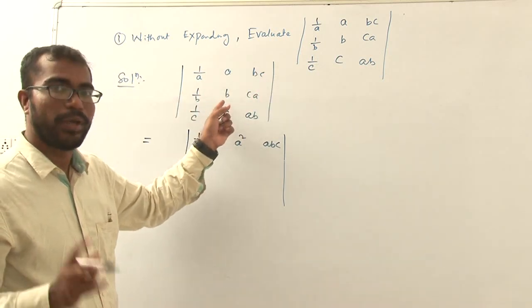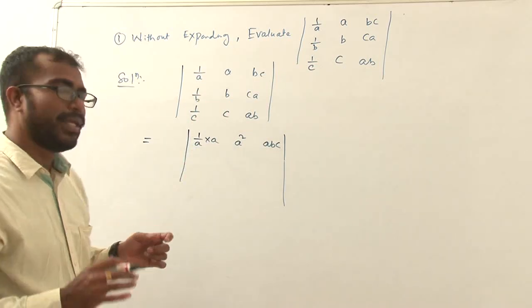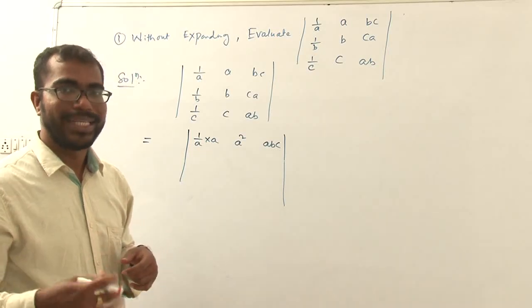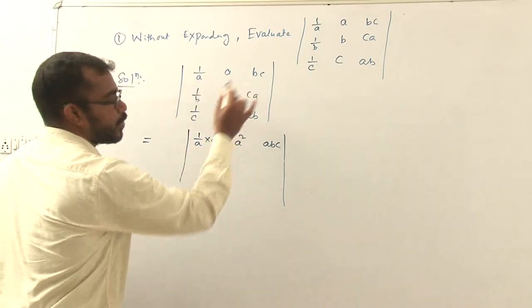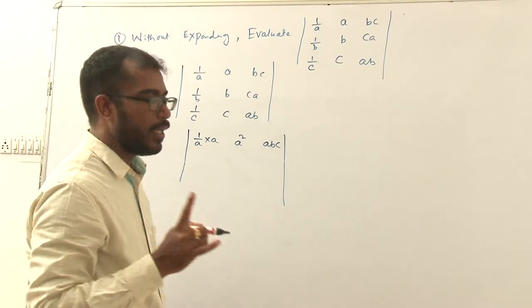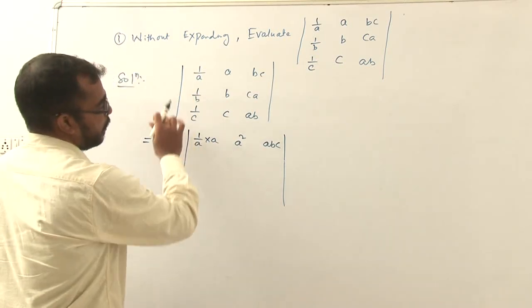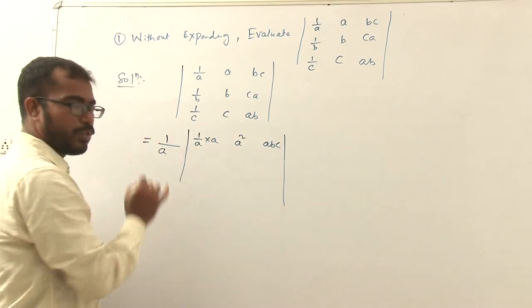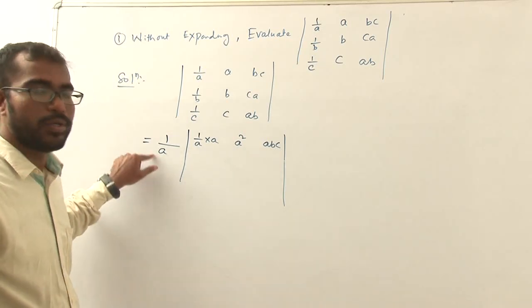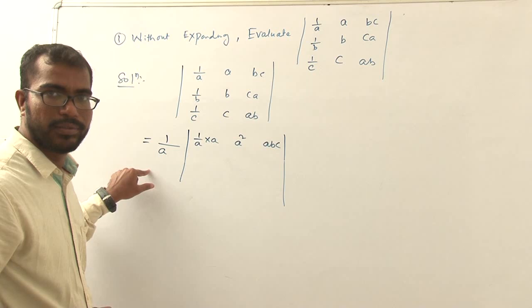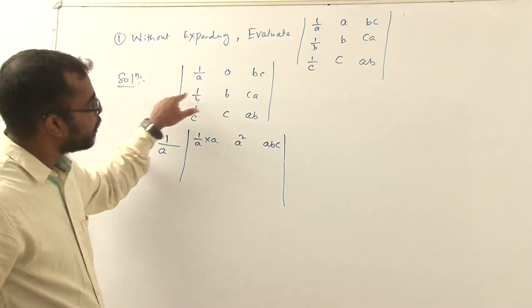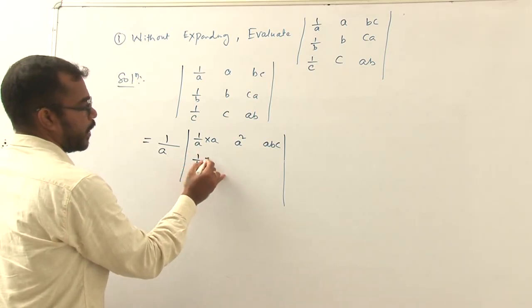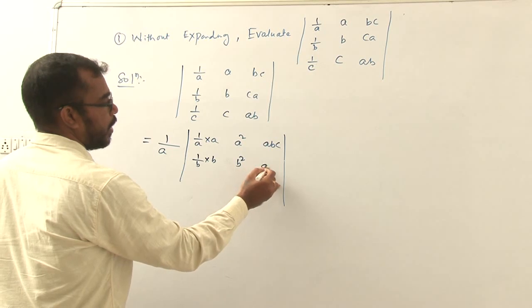Similarly, in the second row ABC. So I think that if any rows or columns are the same, we can calculate easily. In the first row we multiply A. If we multiply A, then we have to divide by A also. So here we write 1 by A, because A is multiplied and A is divided. Similarly, in the second row we multiply B. So 1 by B into B, that is B square, and this is also ABC.